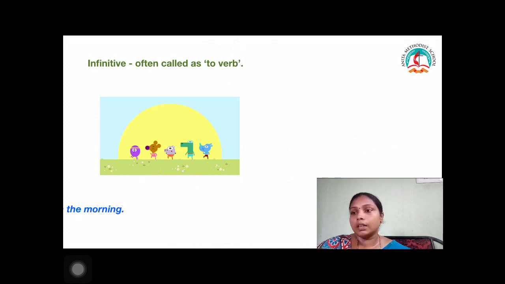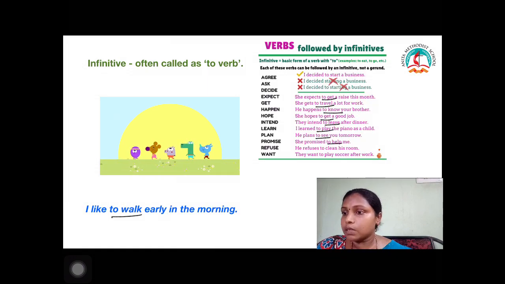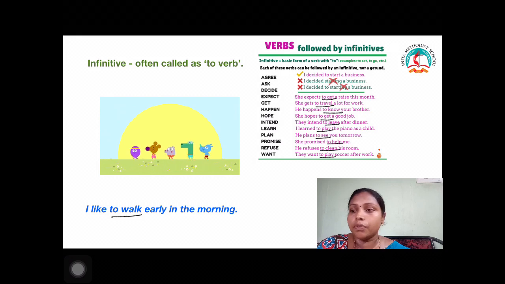And look at the chart where we can see more examples of infinitives. Infinitives are otherwise called to verb. The first sentence: she expects to get a raise this month. She gets to travel a lot for work. He happens to know your brother. She hopes to get a good job.